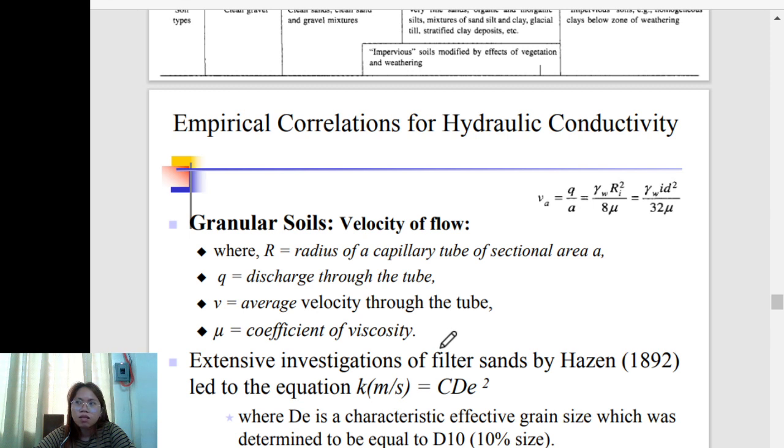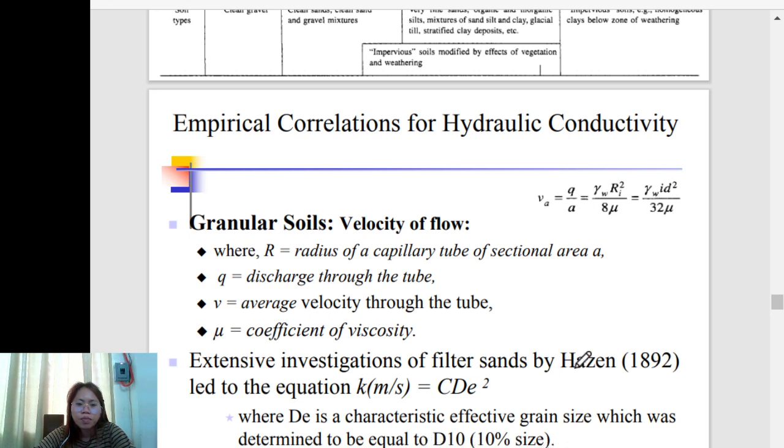Extensive investigations of filter sands by Hazen in 1892 led to the equation K in meter per second equal to C D_e squared, where D_e is the characteristic effective grain size, which was determined to be equal to D sub 10, or the 10% size.